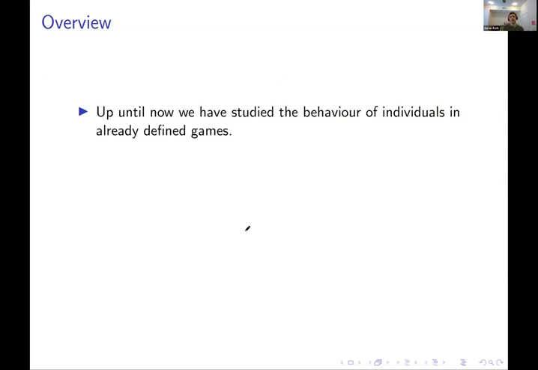Someone hands us a particular zero-sum game defined by a matrix or a particular congestion game, and we've been trying to think about how rational actors might behave in such an interaction. We've been trying to make predictions that they will play various kinds of equilibria, Nash equilibria, correlated equilibria, and we've been trying to justify those predictions by thinking about whether there are computationally plausible dynamics that might get us to those states.